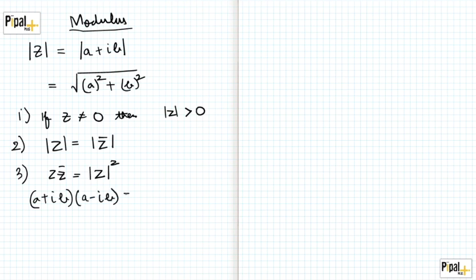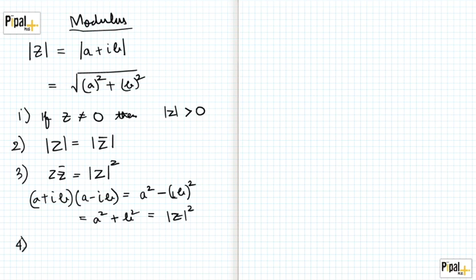This is equivalent to a square minus the square of ib, which gives us a square plus b square, because i square becomes minus 1. And the modulus of z is the square root of a square plus b square. You square it, you get this, which is equal to the square of the modulus.